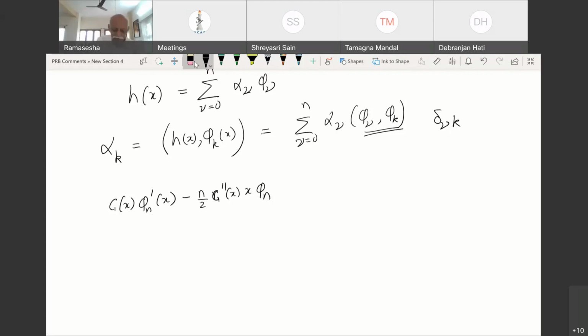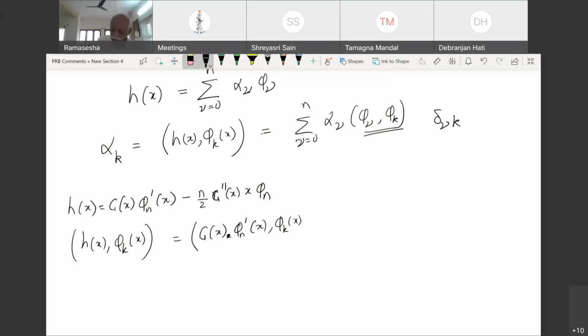So h of x comma phi k of x is equal to g(x) p n prime x comma phi k x plus g double prime into x n of n. Is this clear? Any doubts?